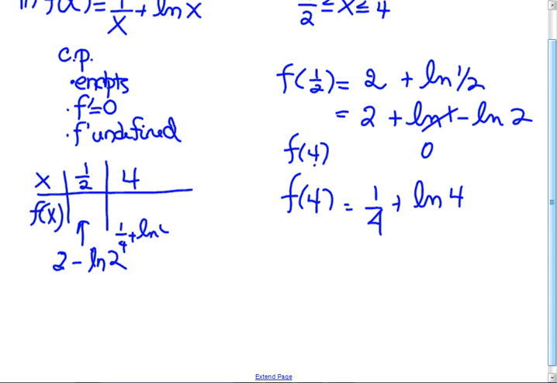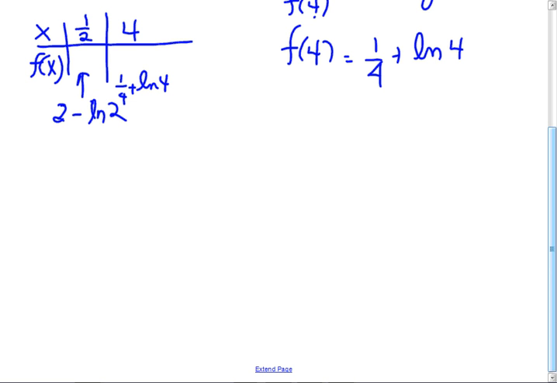Okay, now we'll do the calculus. Are you ready for the calculus? I'll rewrite it. f of x is equal to 1 over x plus the log of x. The calculus isn't that hard. Have you memorized, Colin, the derivative of 1 over x yet?